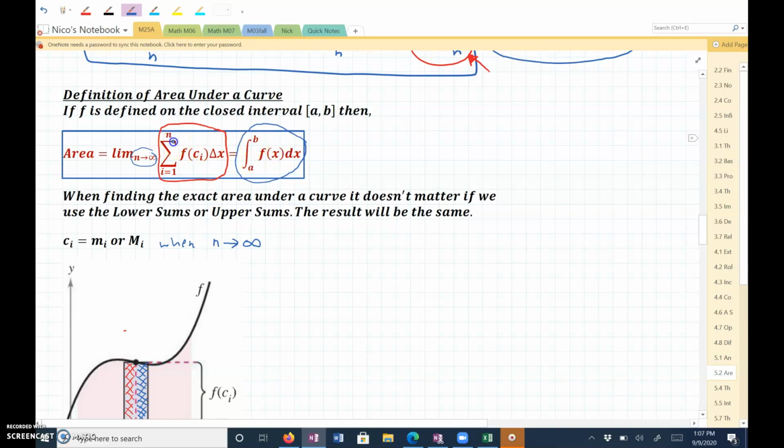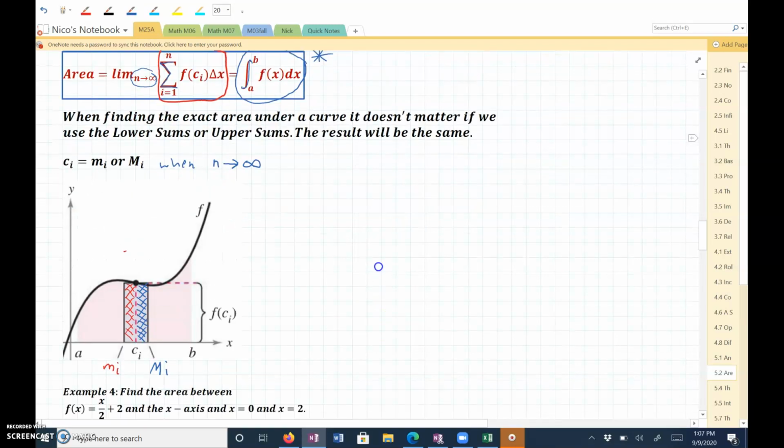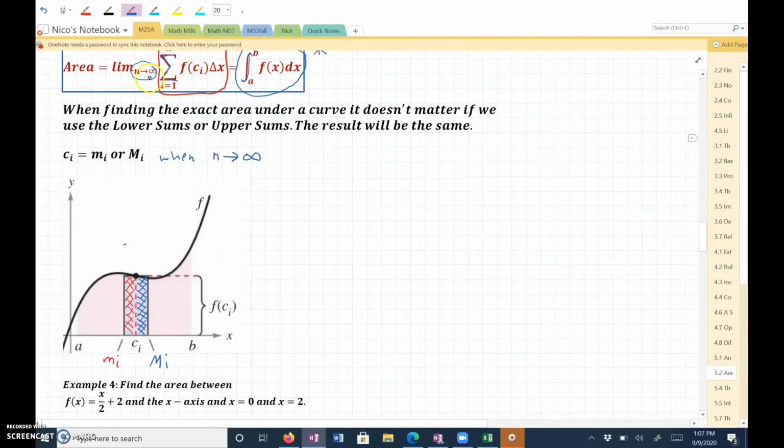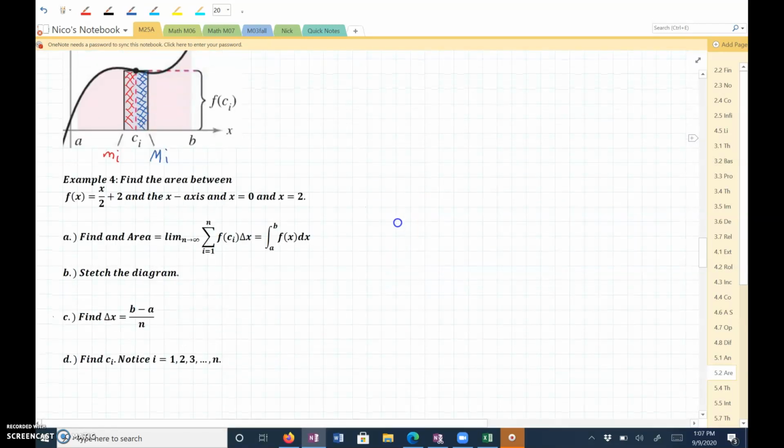This is summation, right? This Greek letter here. This right here is just a big S for summation. So we'll talk about this more in lessons to come, how it is the same thing as that. But I want to make sure that you know the definition of the area underneath the curve, which is that guy, which we're going to use for the rest of today.